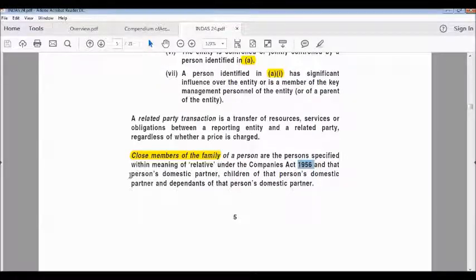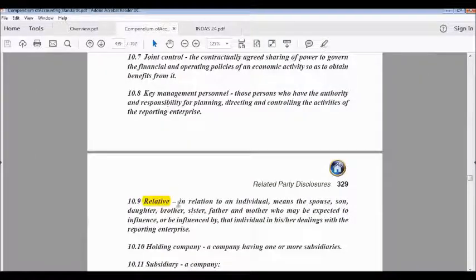You may ignore this part, but the meaning is that close member of a family means those persons whose definition is given under the Companies Act 2013, and the Companies Act 2013 provides the definition of relative in a very broad manner. A lot of people will be covered by the definition of close member of a family, while existing Accounting Standard 18 covers only a few, like spouse, son, daughter, brother, sister, father and mother.